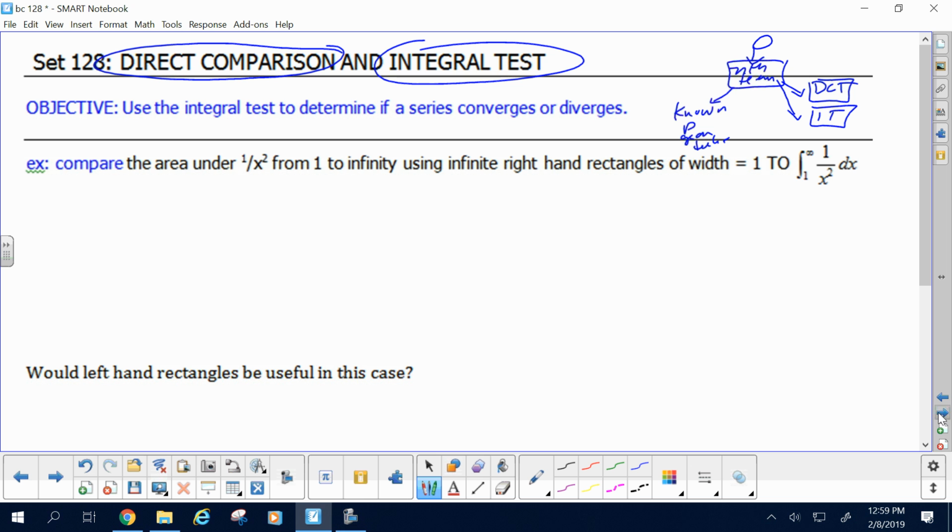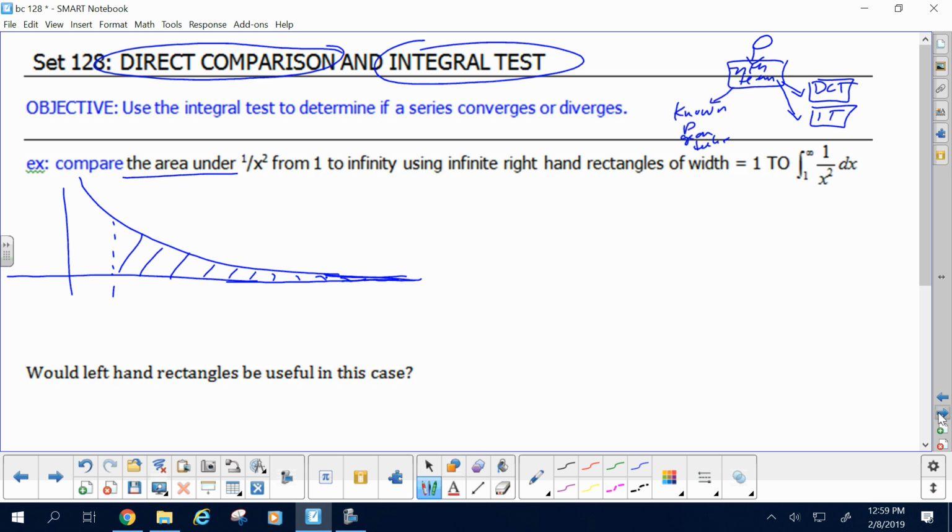What if I asked you for the area under 1 over x squared, which is a rapidly decreasing function? It decreases a little more quickly than 1 over x, from 1 to forever. That's an unbounded region. Now we could go at that area 2 different ways: in a Riemann sum way, which would be infinite right-hand rectangles, or an integral.